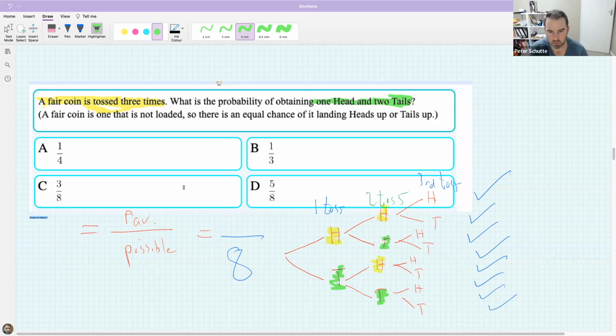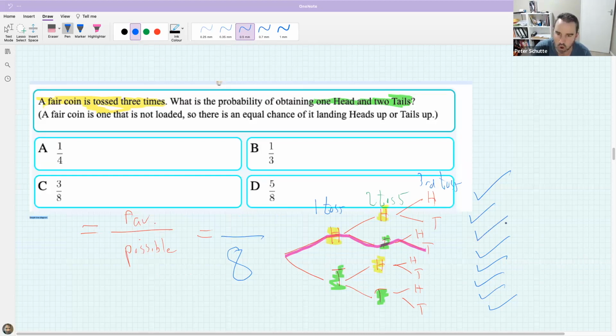How many paths are there that have 1 head and 2 tails? It can't be that. It can't be that. But the first one I notice, heads, tails, tails. So that is one favorable outcome that's possible.